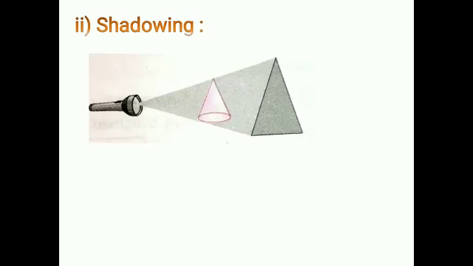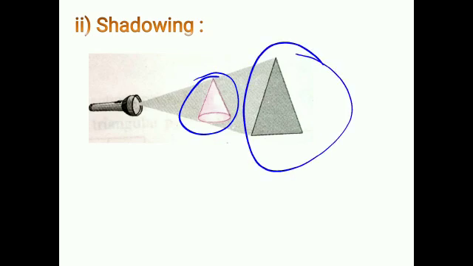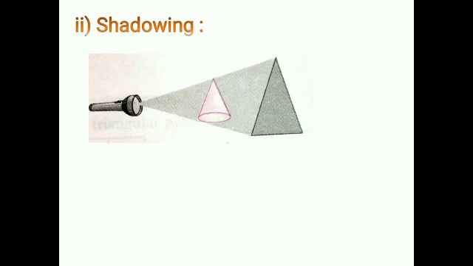Here, keep a torch light in front of a cone. You see that the shadow is a triangle, correct? This is the triangle and this one is the solid shape, a cone. So what is the shadow shape here? Triangular, correct?